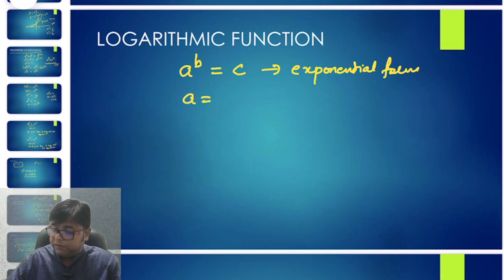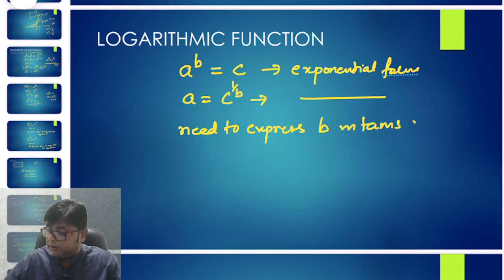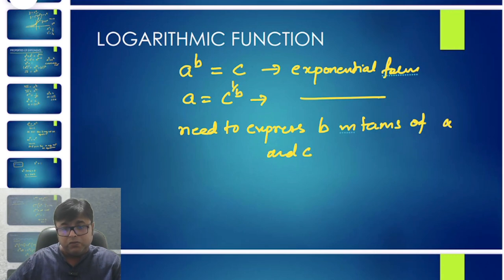A will be c to the power 1 by b, right? This is also exponential form. But if I need to express b in terms of a and c, then what do I do?